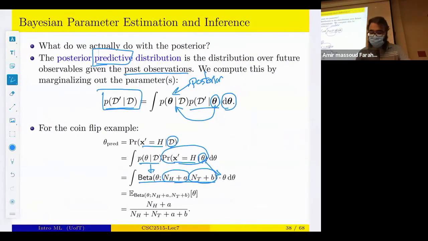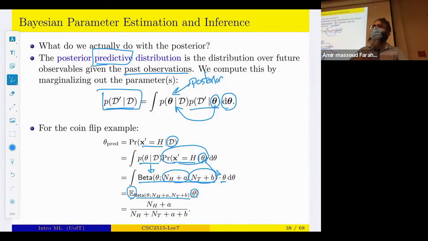If we do that, we essentially have a beta distribution multiplied by theta. So this is the expectation of that beta distribution, since expectation is the probability of something times the value of that something. So we are computing the expectation of theta when the distribution is this beta distribution.